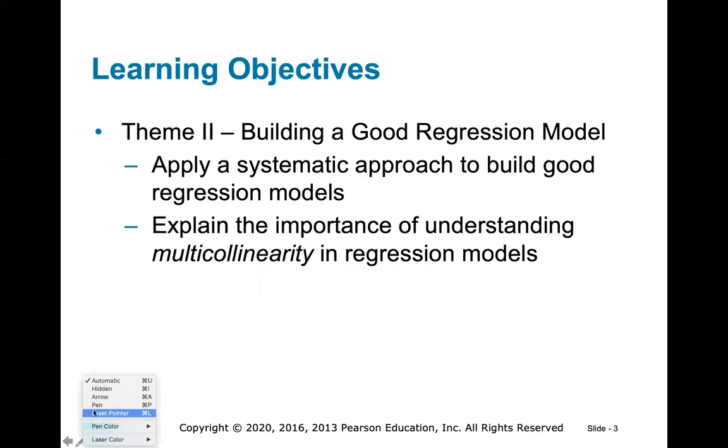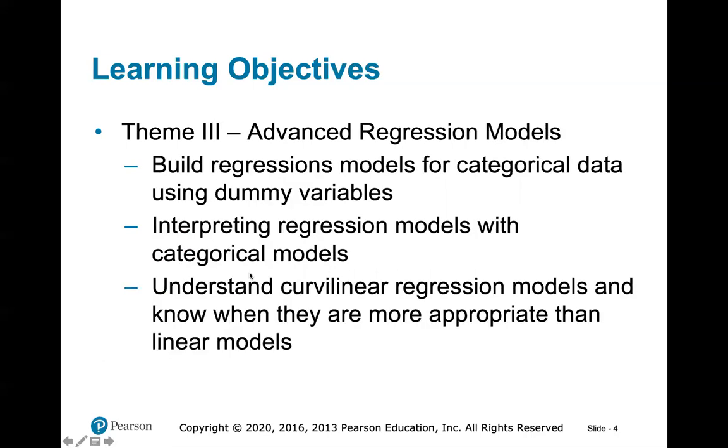I'll explain something really interesting called multi-collinearity in regression models, which has to do with high correlation between different variables or factors. Then theme 3, also for tomorrow and perhaps Tuesday, is more advanced regression models. We look at regression models that contain categorical data using what we call dummy variables, and I'll explain what those are later on.